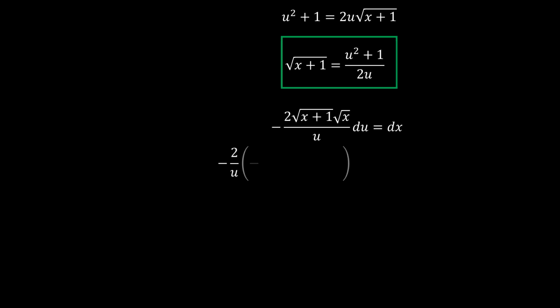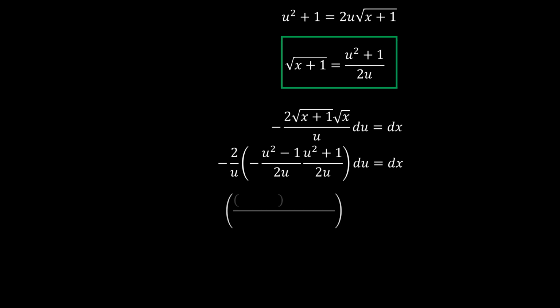That is the same as negative 2 over u, so the 2 and the u out, negative u squared minus 1 over 2u times u squared plus 1 over 2u du is equal to dx.